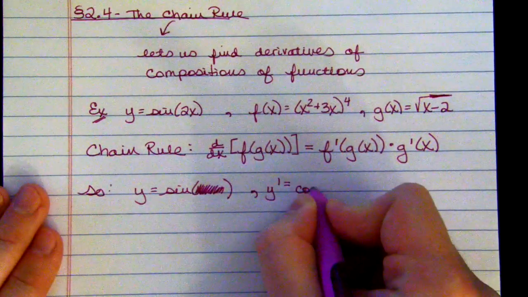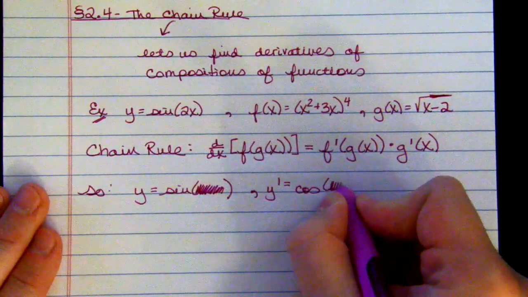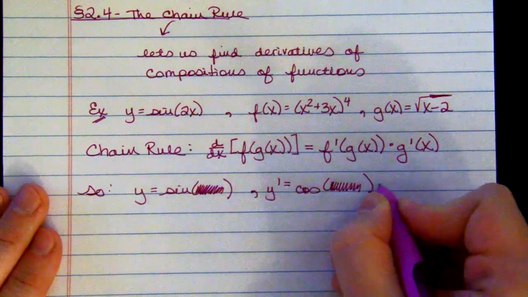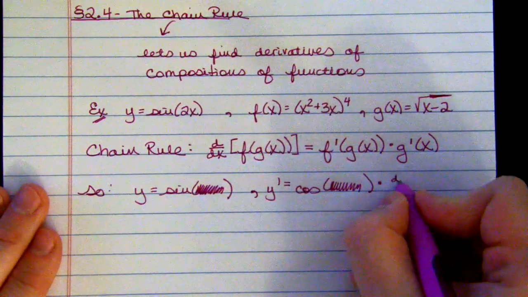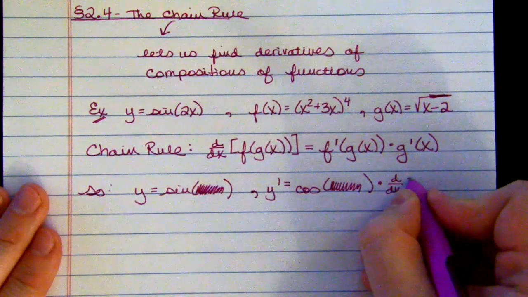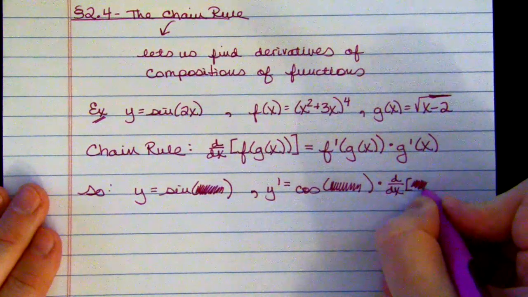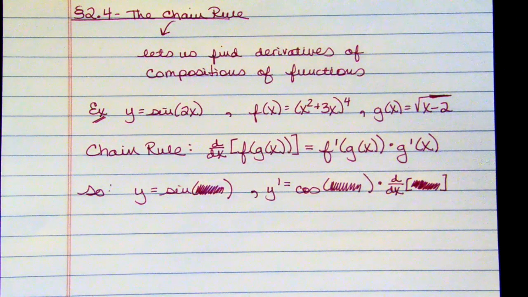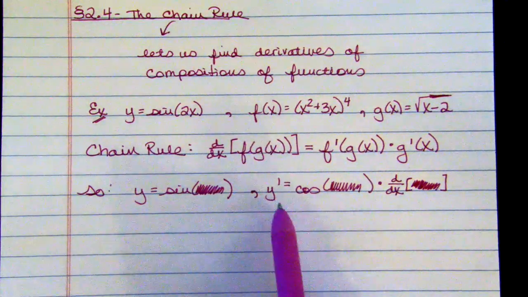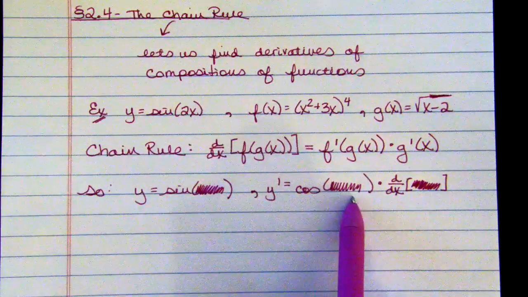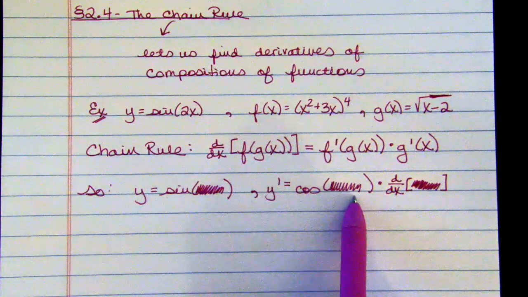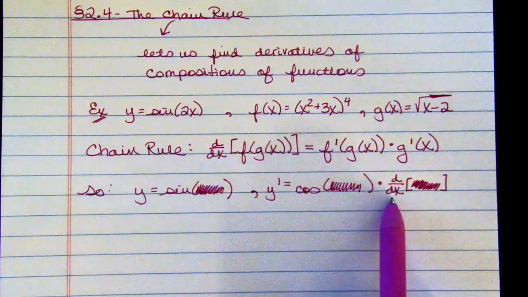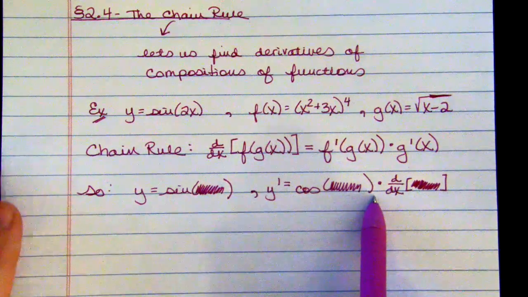It's the cosine of something. And my chain rule says that after I do that, I should multiply my answer by the derivative of, well, whatever that thing inside is. I want to find the derivative of the sine of something. According to my chain rule, I'm going to get the cosine of something, because cosine is the derivative of sine, and then I'll multiply that answer by the derivative of the thing that's inside, my cosine.